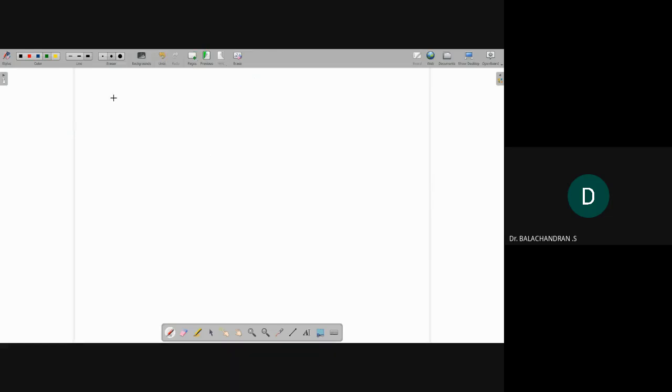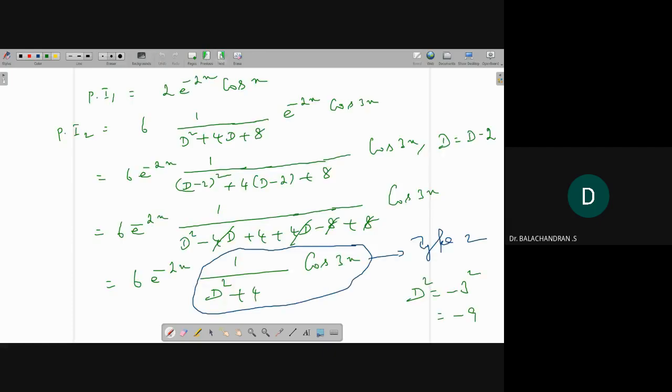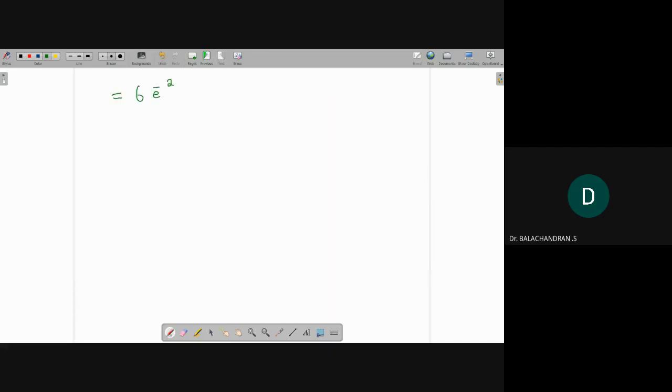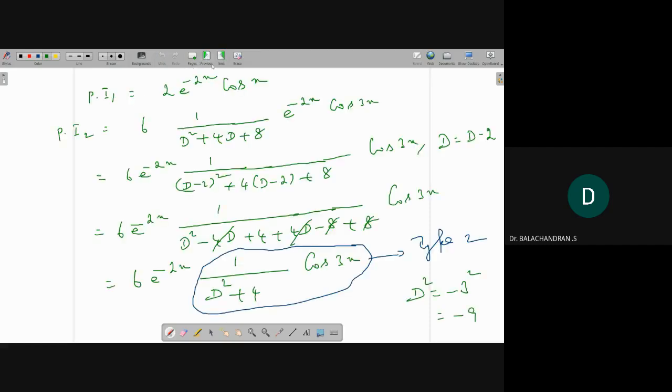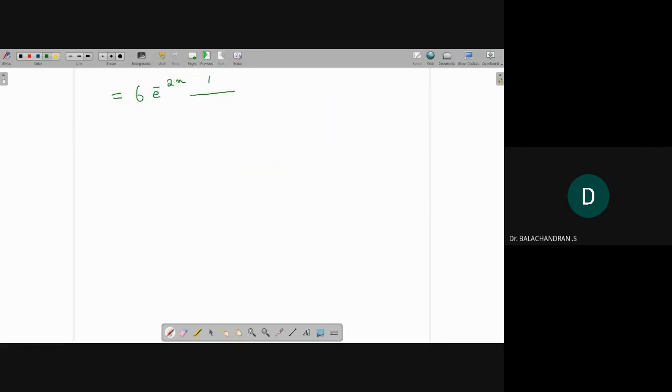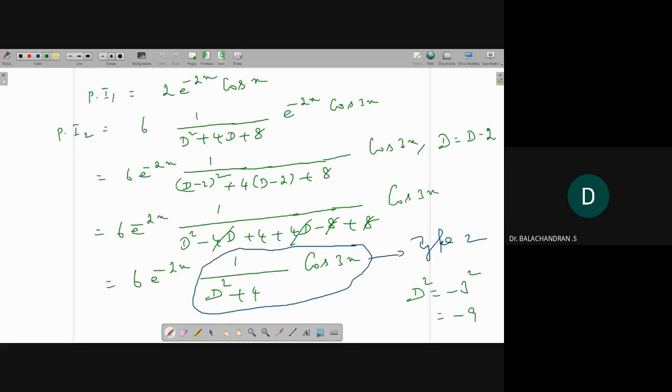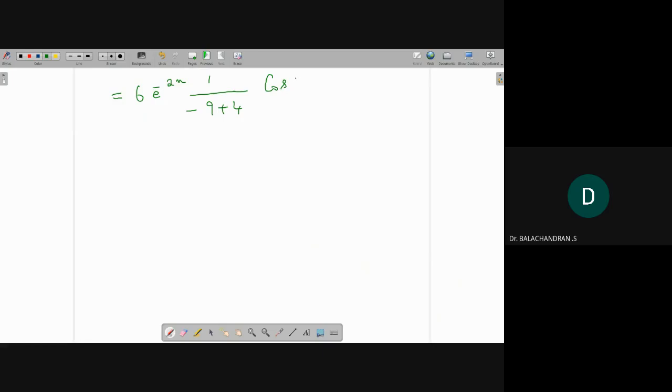So this is equal to 6 into e power minus 2x, 1 by minus 9 plus 4, into cos 3x. Finally you'll get minus 5, so minus 6 by 5 e power minus 2x into cos 3x.